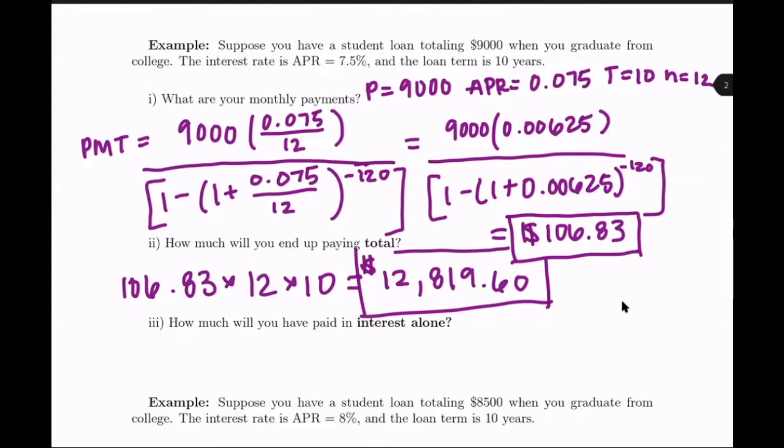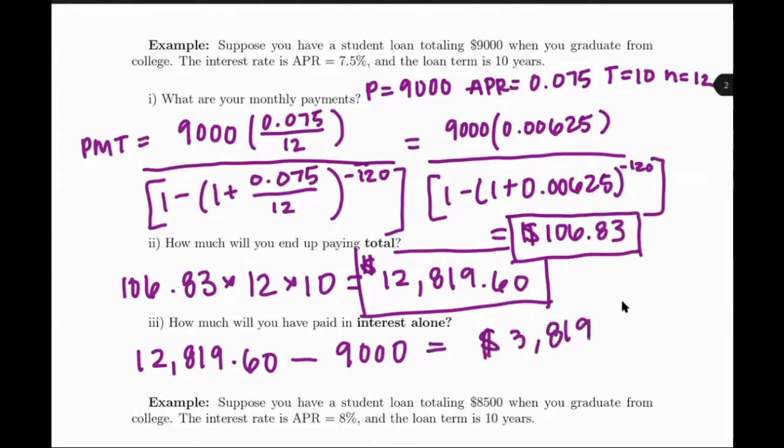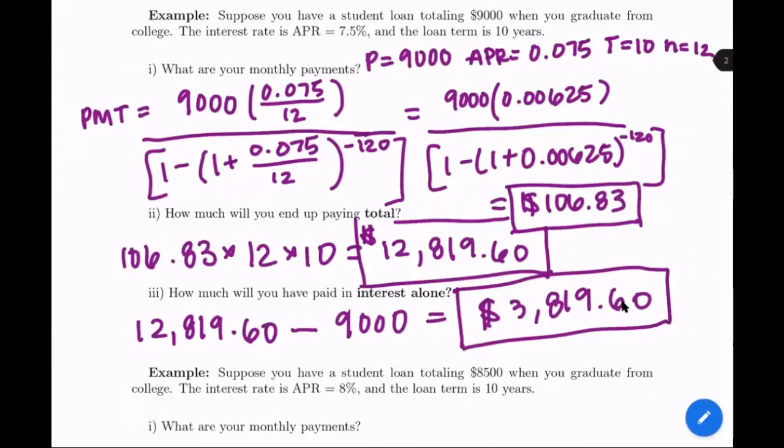So we paid $12,819.60, subtract how much you took out a loan for, which was $9,000. So that is equal to $3,819.60. So that's only how much we paid in interest alone.